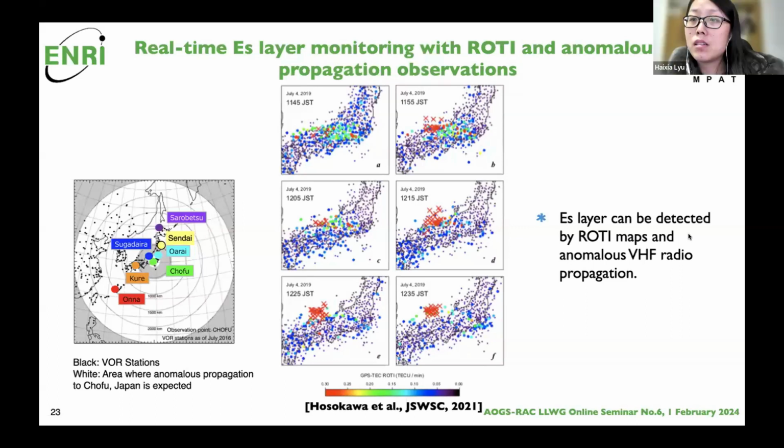After inversion, the density profile can be incorporated into the tomography. Especially for real-time application, I don't know if the radio occultation data is available in real time. Some yes, right?